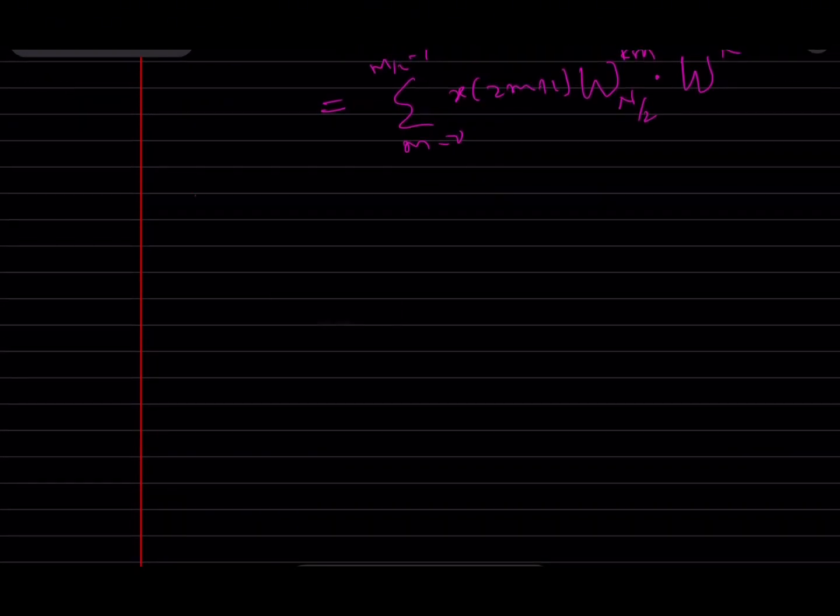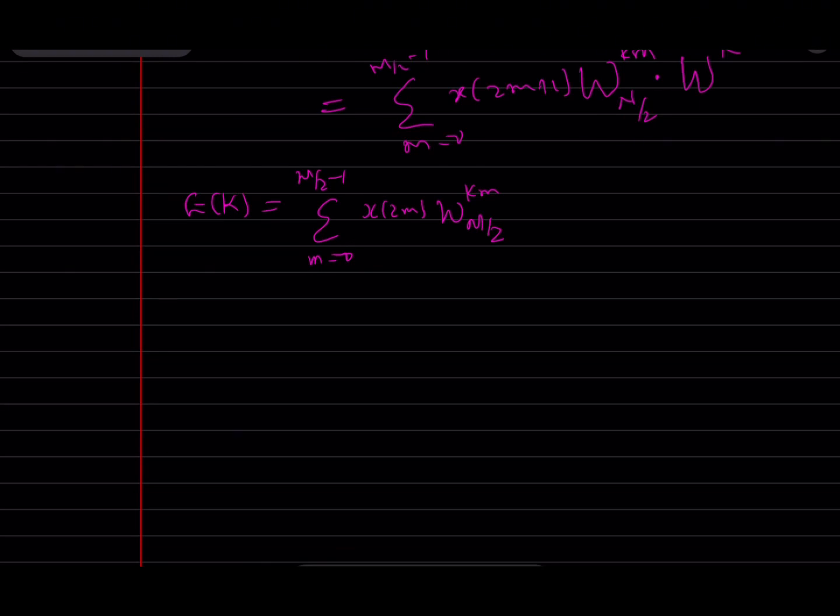Based on that, in case we are making G of k equal to the even part, which is the summation of m equal to 0 to N over 2 minus 1 of x of 2m, omega N over 2 to the km, then this is the even part, which I illustrated for you to see up there. That's the even part, the discrete Fourier transform of the even sequences.